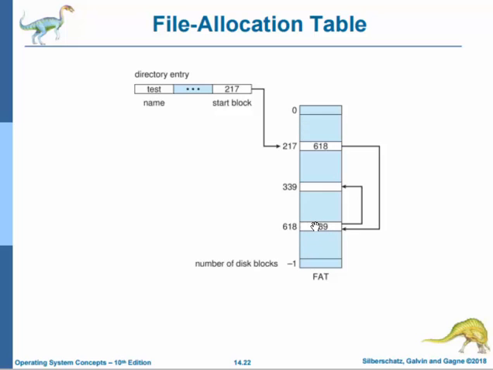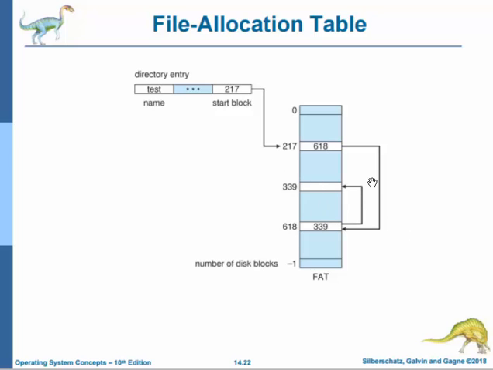Okay, so shown here is an example of the FAT structure for a file consisting of disk blocks 217, 618, and 339. Alright? And this scheme can result in a significant number of disk head seeks unless the FAT is cached.